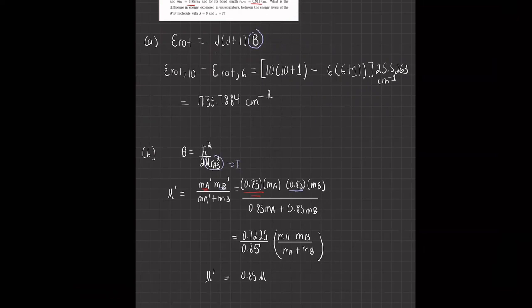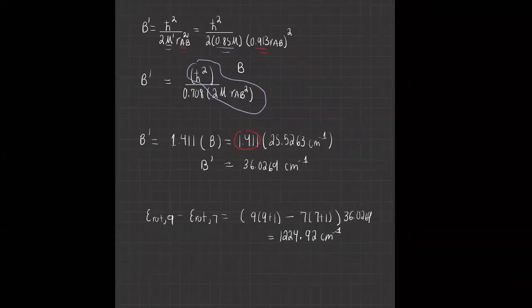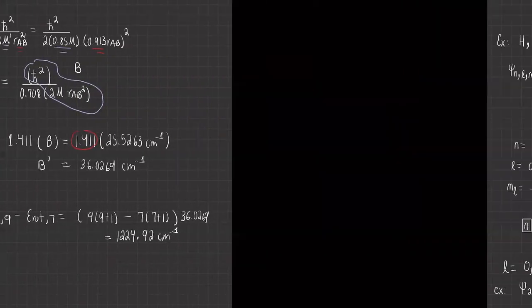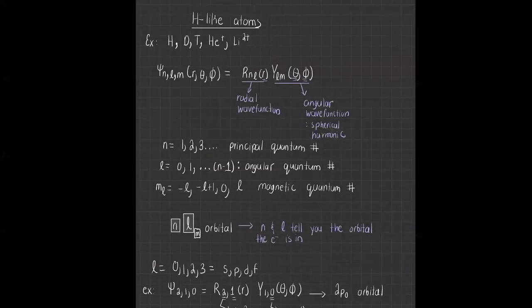All right, no problem. So let's move on to the bulk of what's going to be on your exam. H-like atoms, so stuff like hydrogen, deuterium, all that stuff that only has one electron, from the lecture, it was found that you can solve it with the wave function of this.